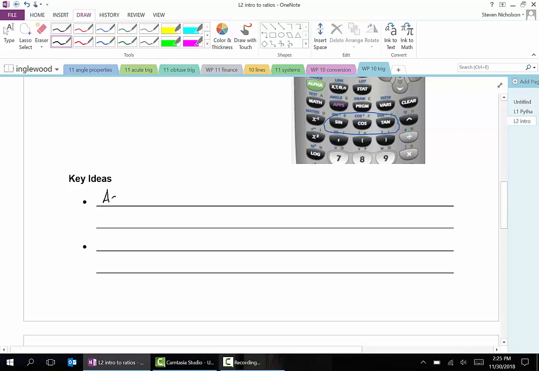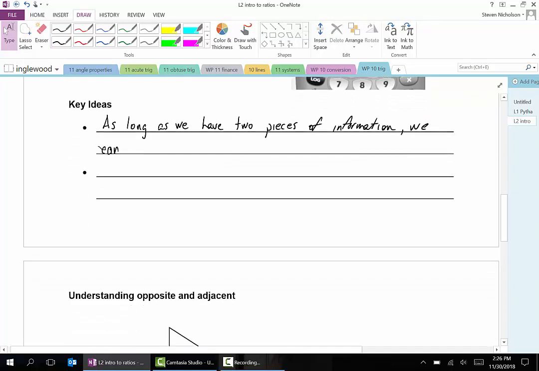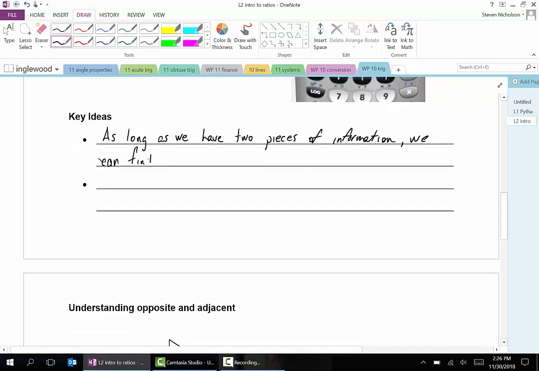As long as we have 2 pieces of information, we can find the missing part. So with Pythagorean theorem, if you have 2 out of the 3 sides, you could use Pythagorean theorem to find the 3rd side.